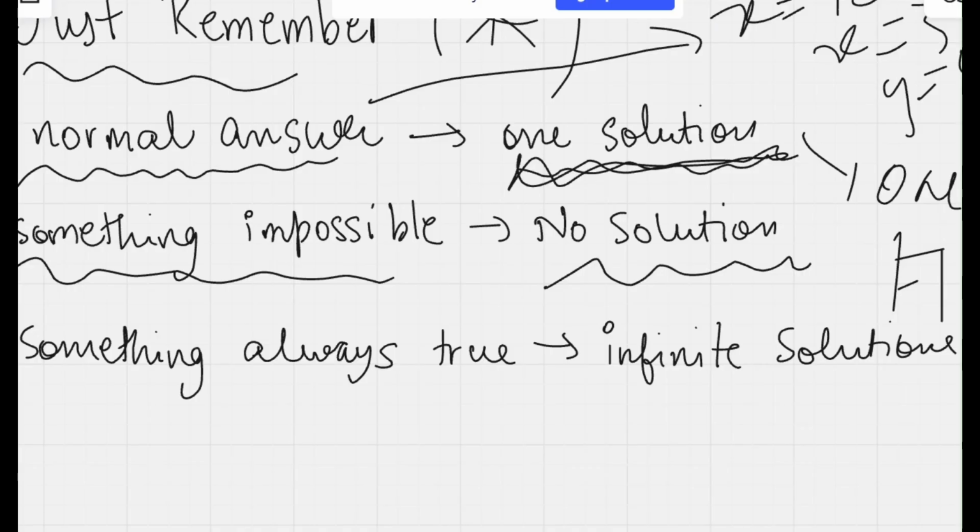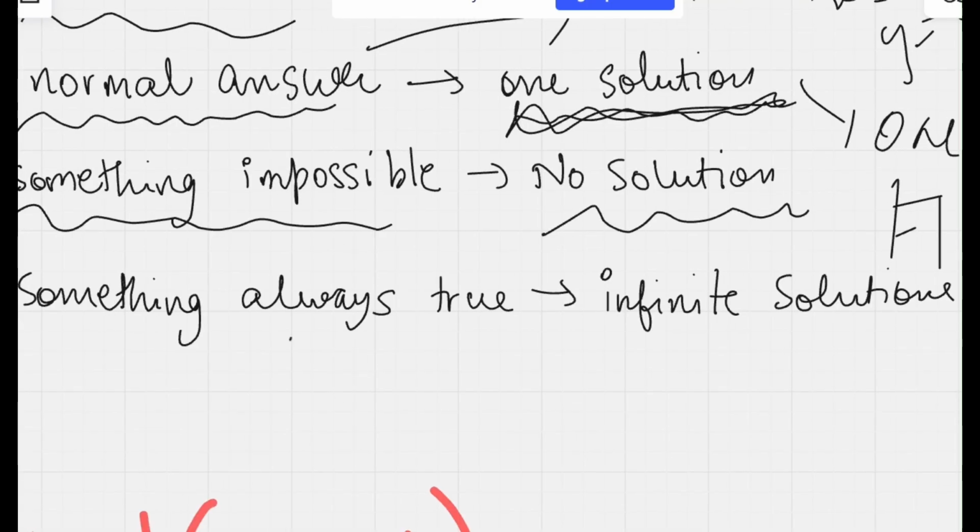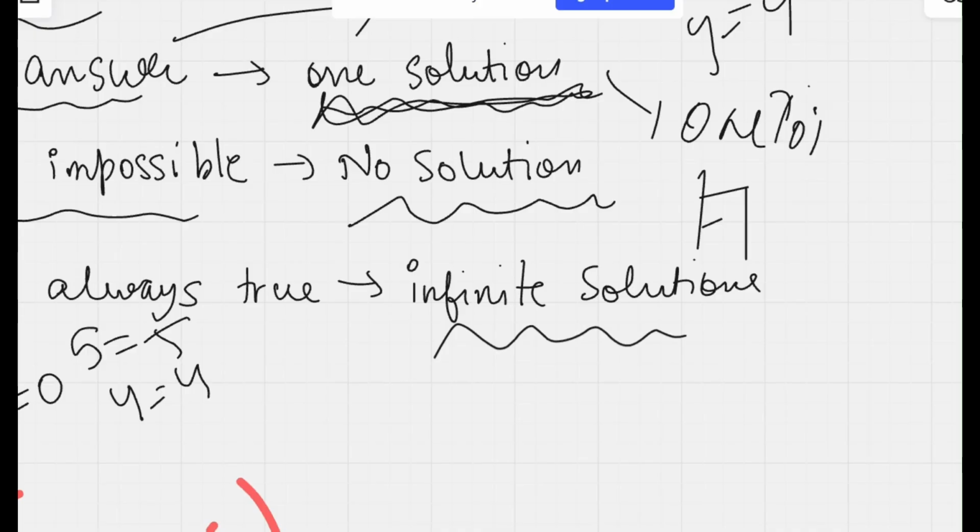And when we have something always true, like 5 equals 5, 4 equals 4, 0 equals 0, we have infinite solutions, meaning that the lines are on top of each other, like siblings that just stay together always, right?